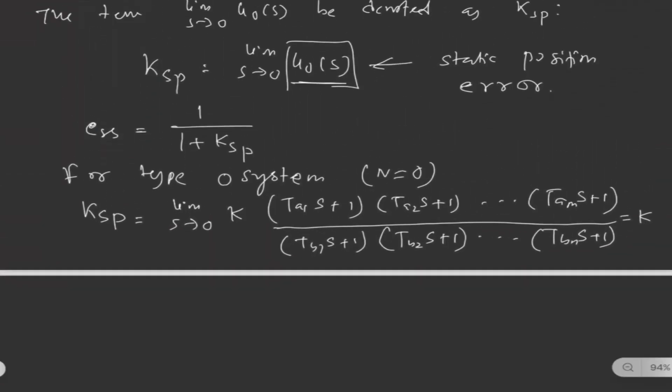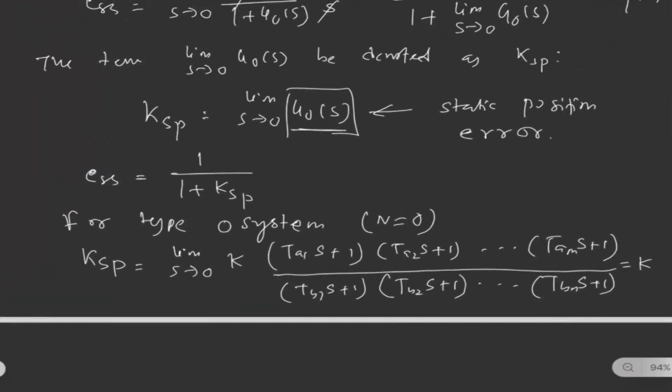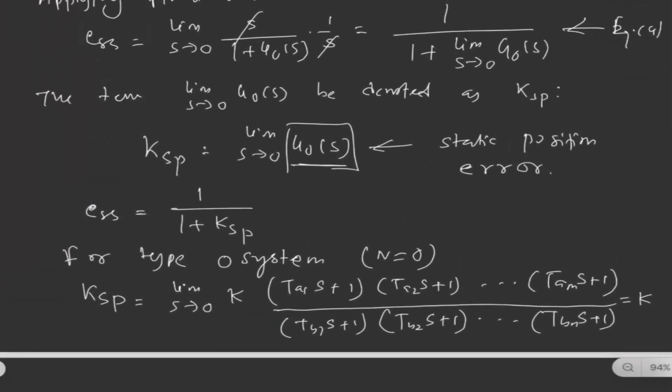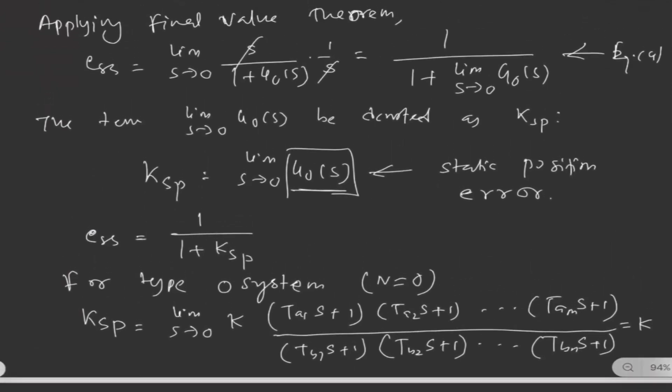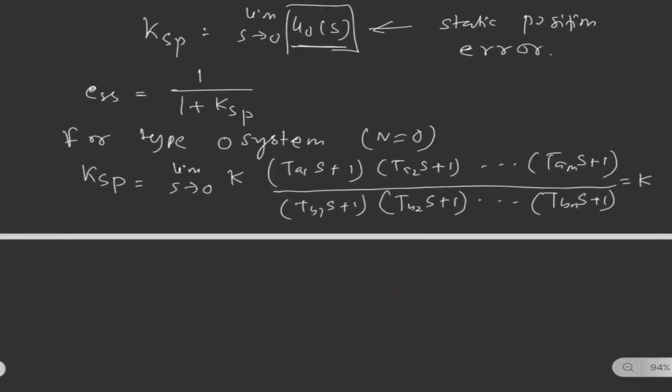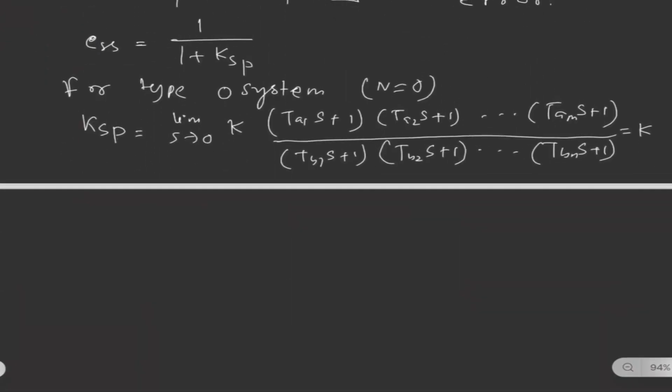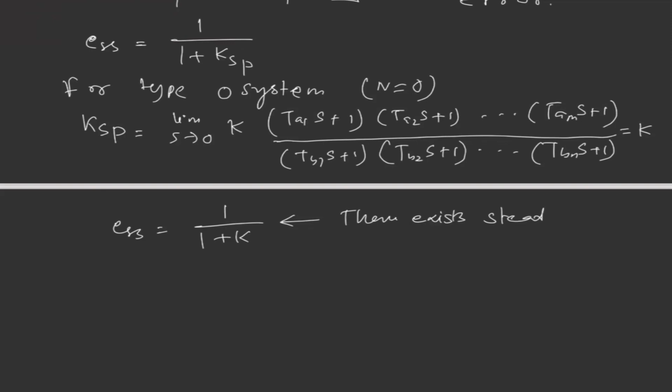So if the type 0 system is there, and if you are applying a step input, then ESS will be 1 upon 1 plus K. So there exists steady state error.